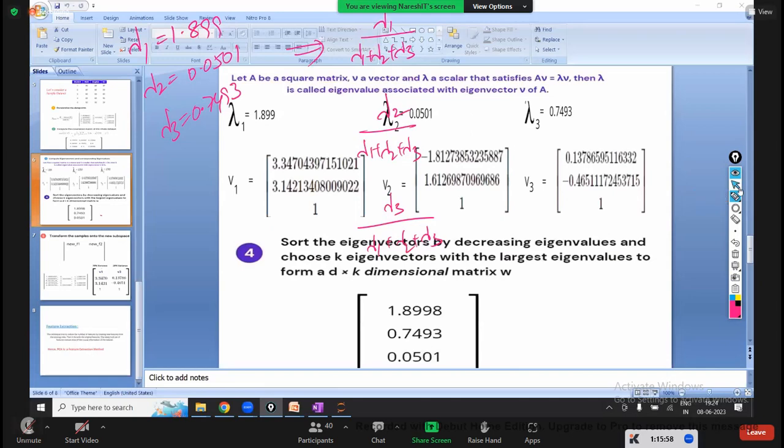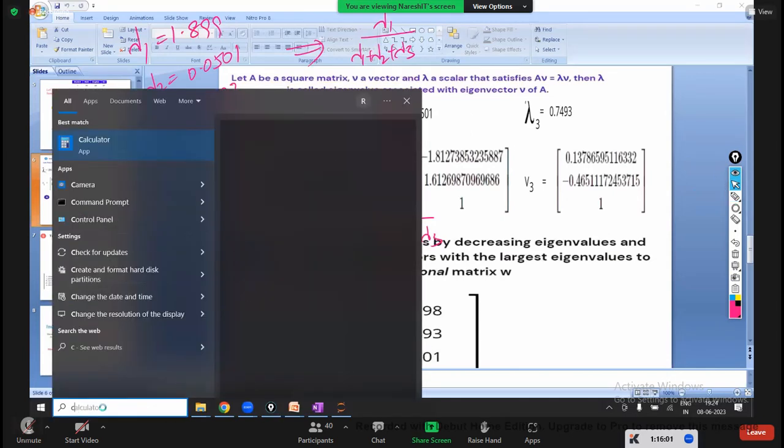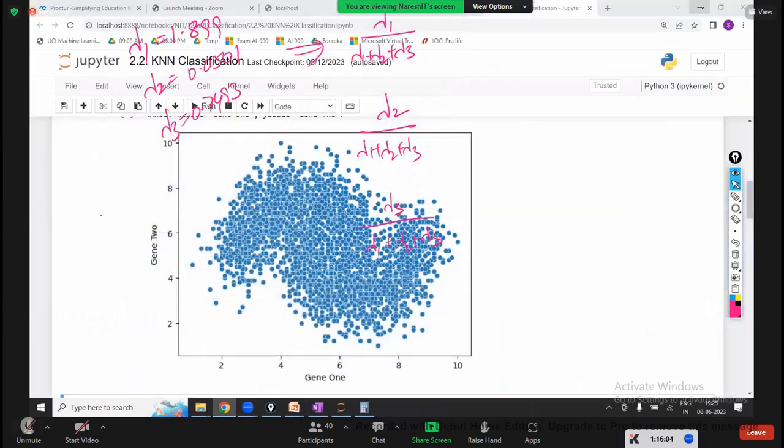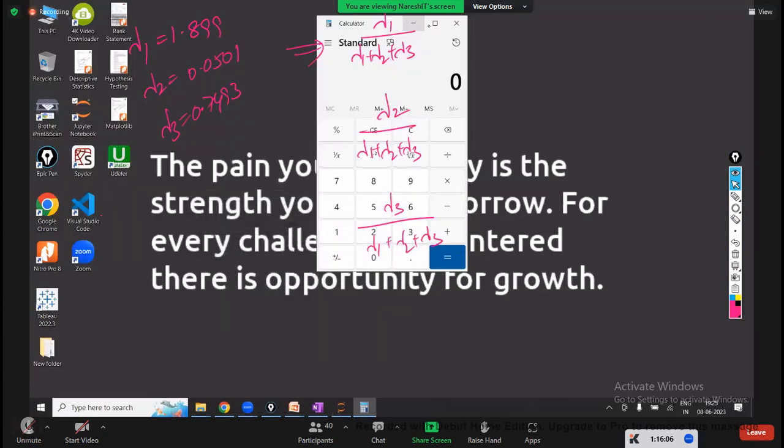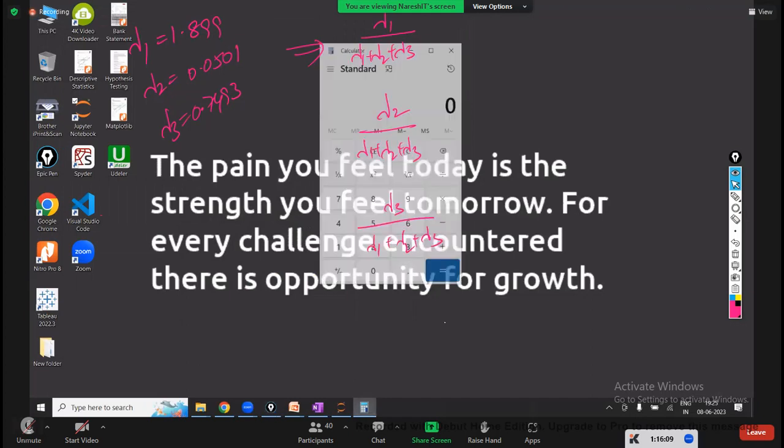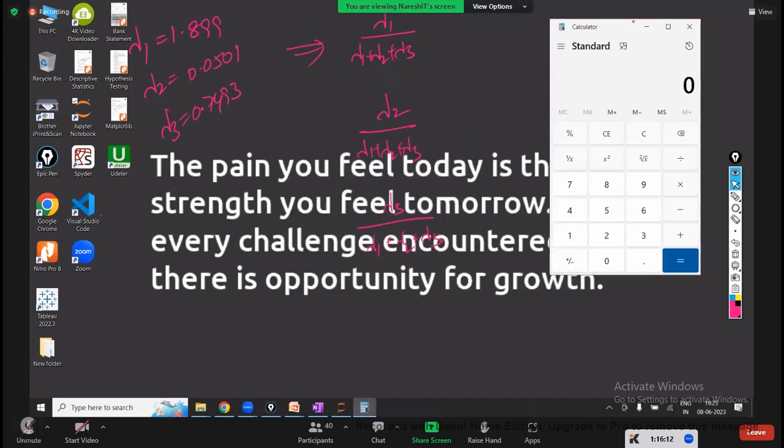Opening the calculator: total is 1.899 plus 0.0501 plus 0.7493. What is the total? The total is 2.6984.